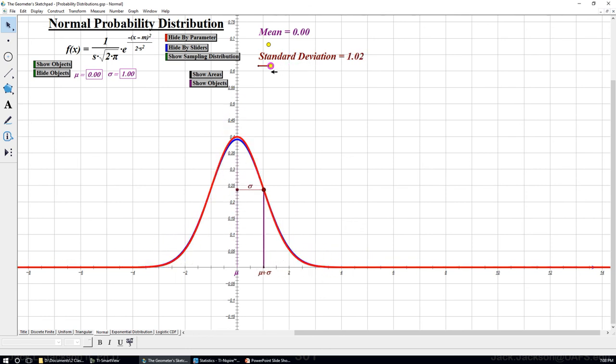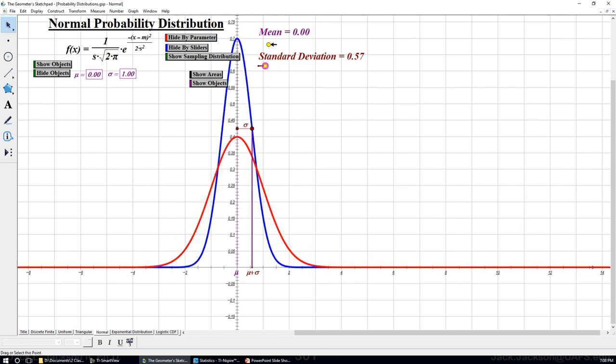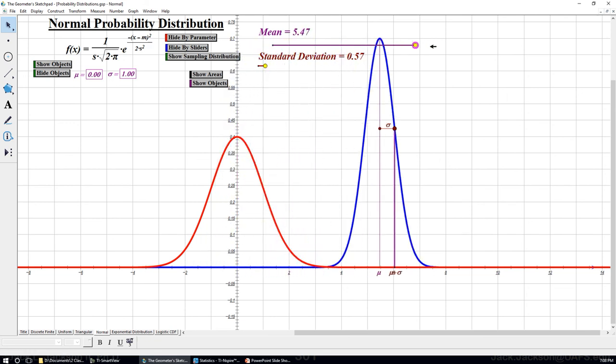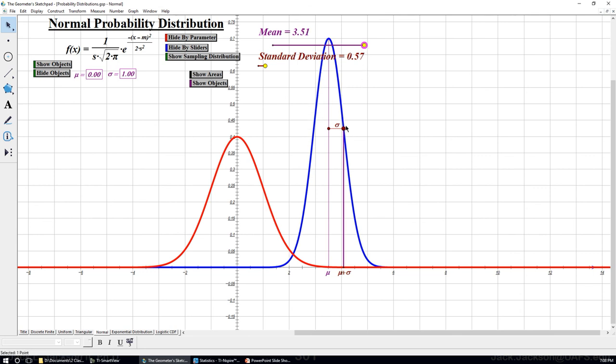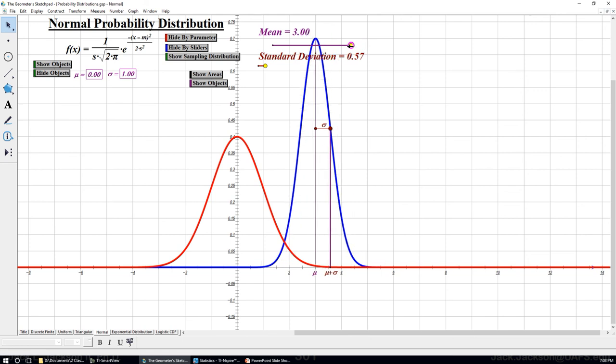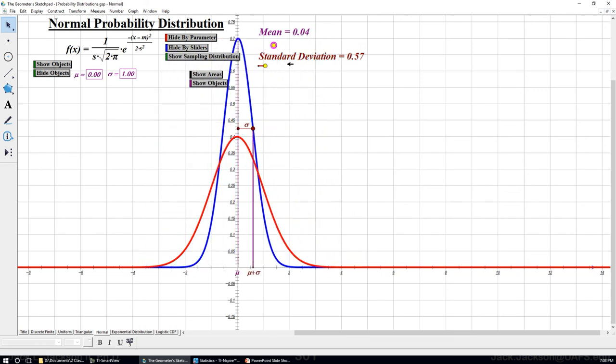So that's changing variability. And so then we can have very different variability, and then we can have different center as well. The inflection point is always there at 1 standard deviation away. You can see that. So that's kind of nice.